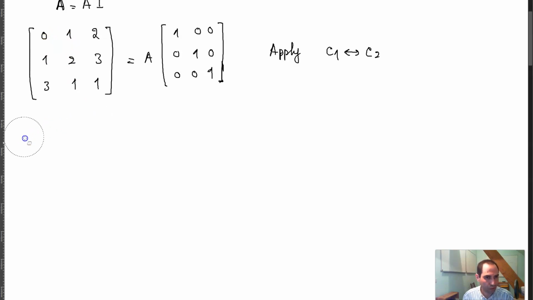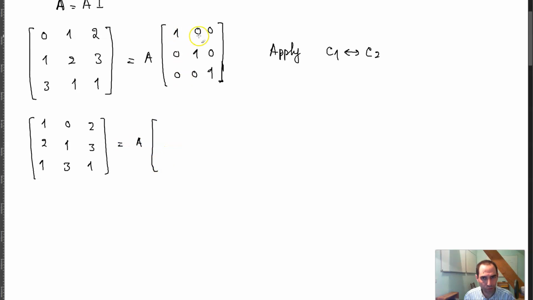Actually you'll have to swap the columns, so column 1 and column 2, so 1, 2, 1, and 0, 1, 3, and then you have 2, 3, 1. So then that's equal to A times column 1 swapped with column 2, which means 0, 1, 0, 1, 0, 0, 0, 0, 1.